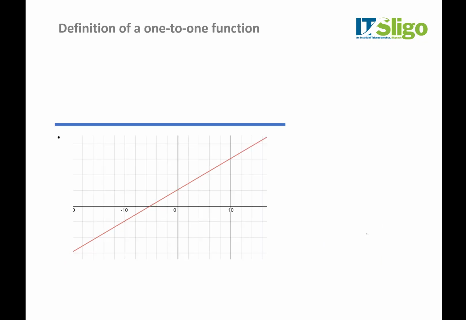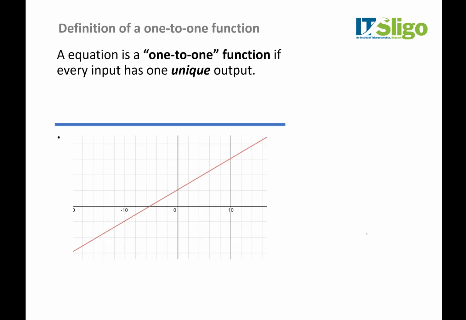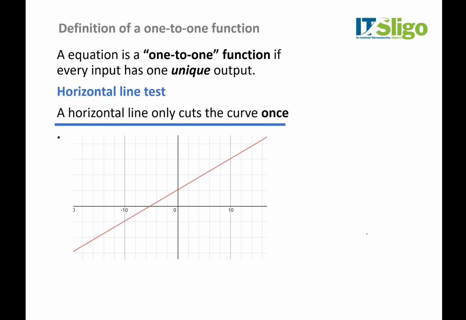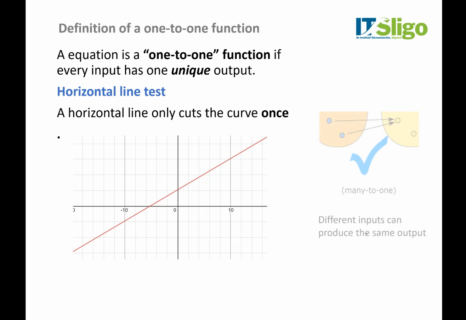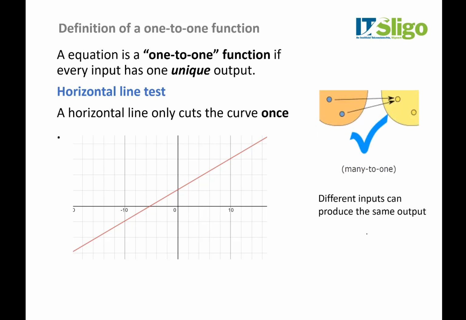Now there's a one-to-one function, where every input has one unique output. And this is called the horizontal line test. Similarly, we pass a horizontal line over our curve and it only cuts it once if it's a one-to-one function. So again, no matter where the horizontal line is, it only cuts the curve once. Now, in several functions, you can have a many-to-one function.